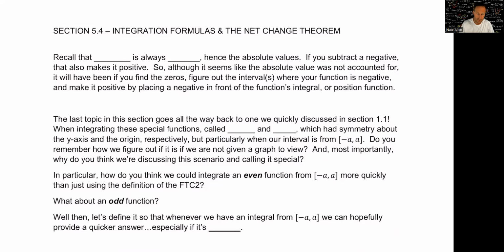That is why our distance had the absolute values around it, because we know that those are always positive.